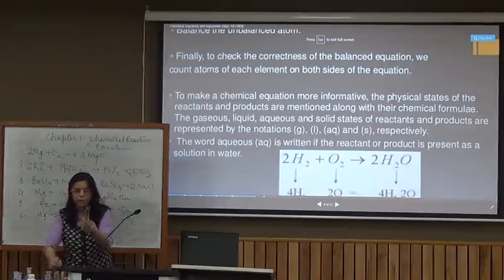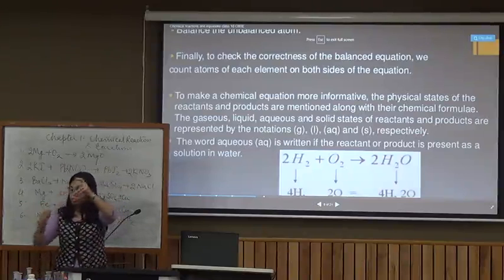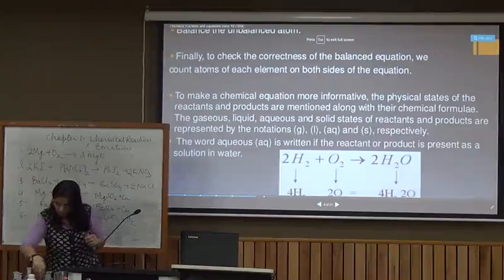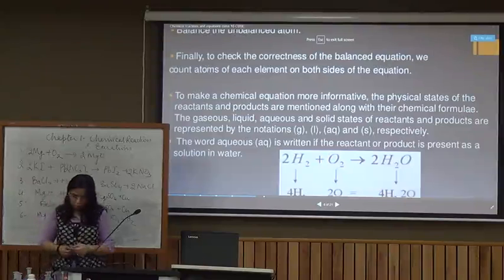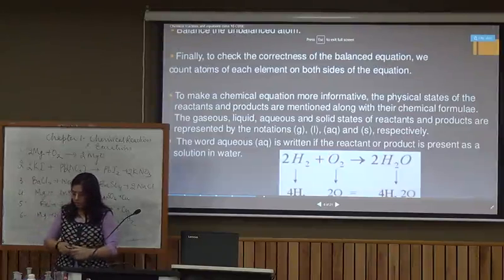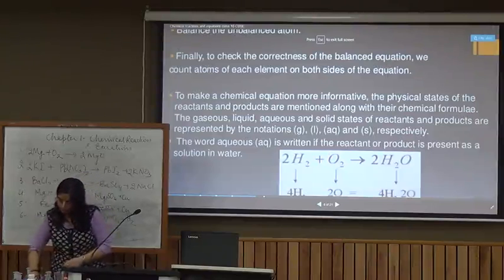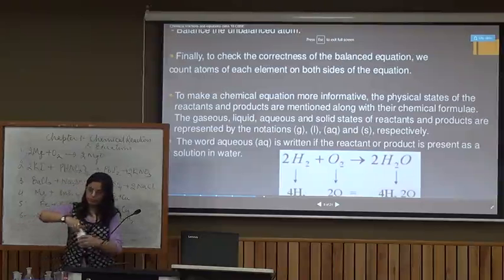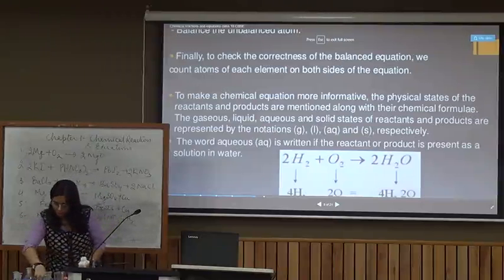I have an empty dry boiling tube here and I'll take the test tube holder to hold this boiling tube because I'm going to heat it. And there is lead nitrate salt with me.